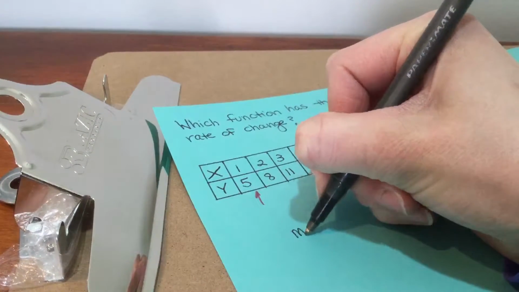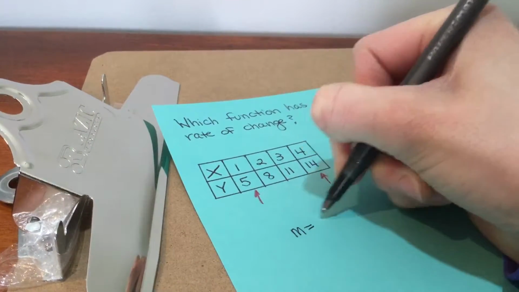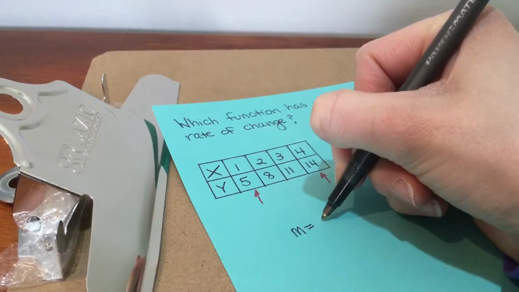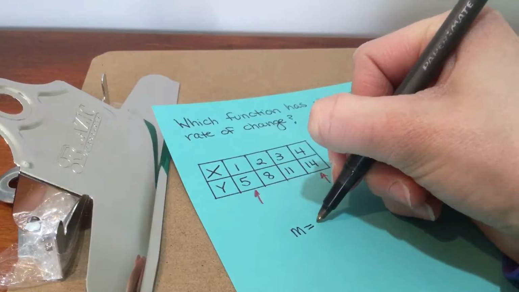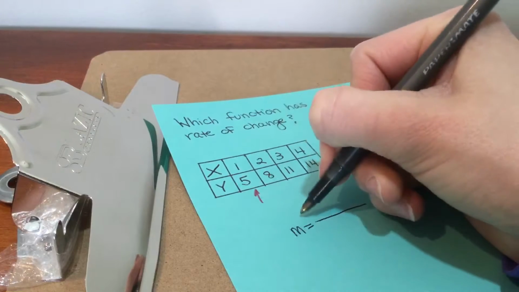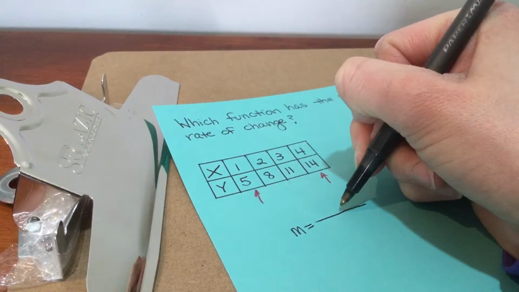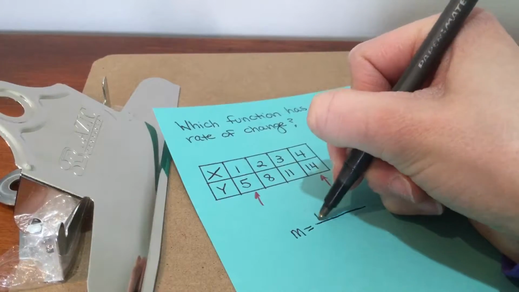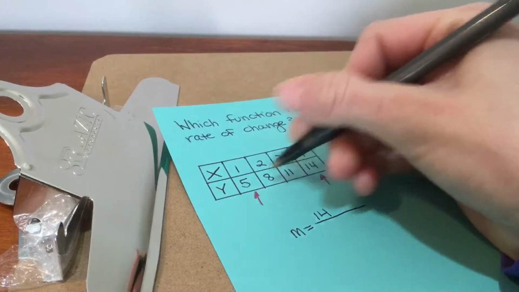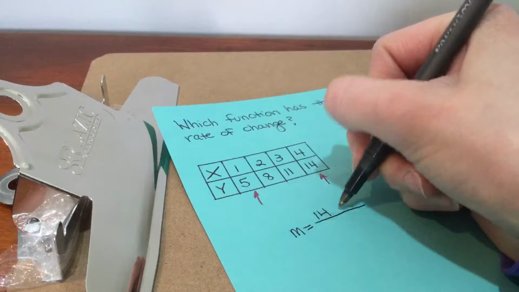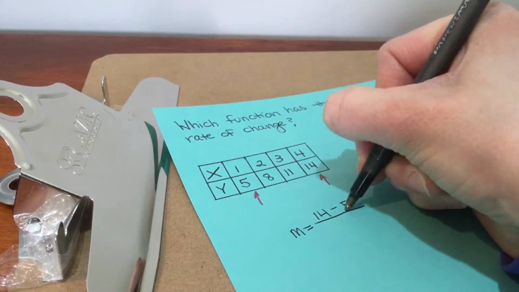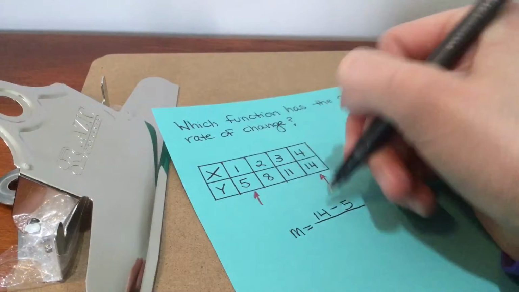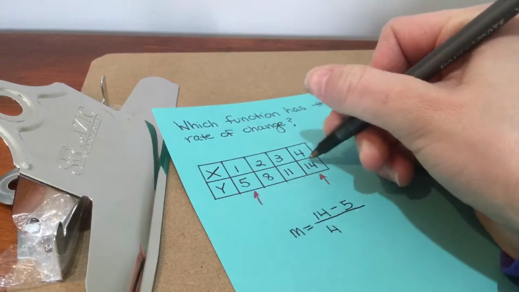I'm going to say m equals, well, remember, I need to make sure that I'm grabbing my y's first because they go on top. So I'm going to start with 14 and then minus 5, my second y, over 4, because I started with 14 comma 4.